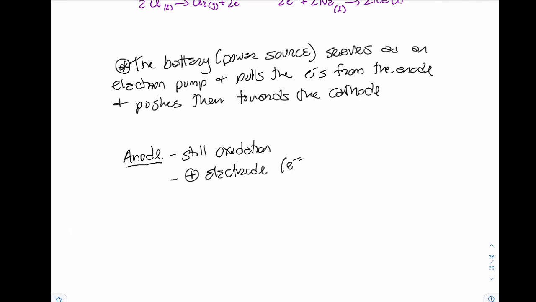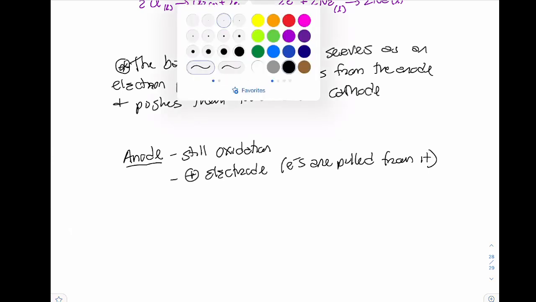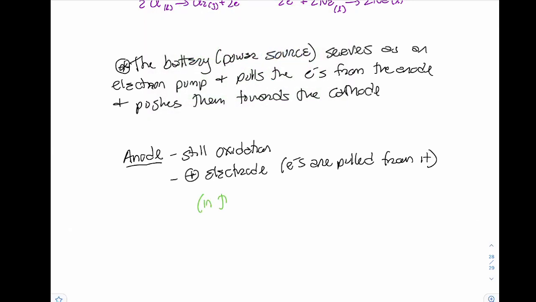Electrons are pulled from it. In our galvanic cell, we can add that here for contrast, it was our negative, and that was because it supplied the electrons.